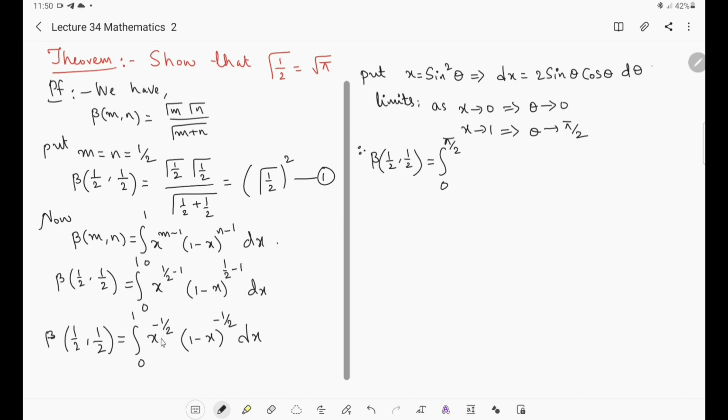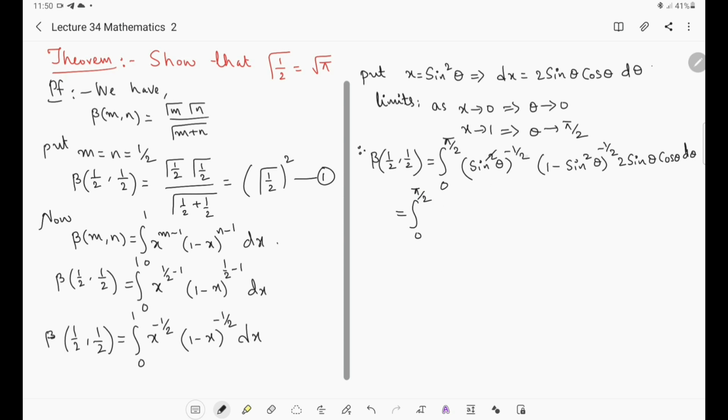See, x power minus 1 by 2. What is x here? Sine square theta. So sine square theta power minus 1 by 2, and here 1 minus x, so 1 minus sine square theta power minus 1 by 2, right? dx is 2 sine theta cos theta d theta, right? So this is equal to, let us see, integral 0 to pi by 2 will be as it is.